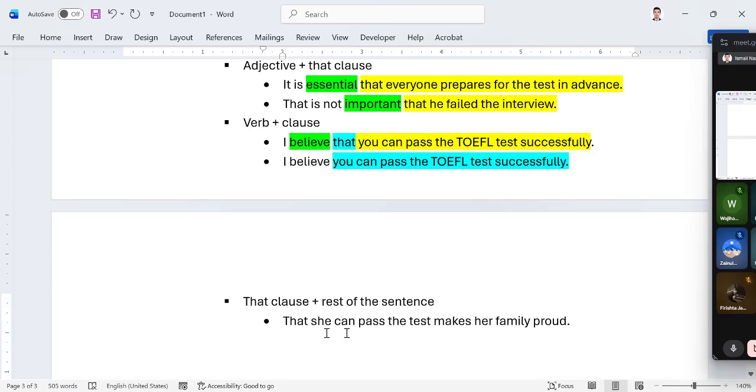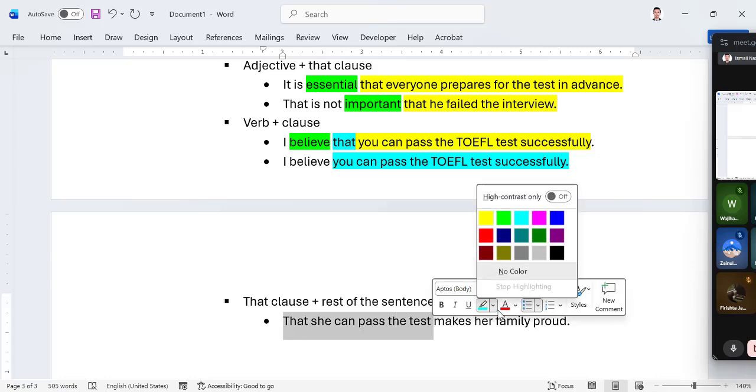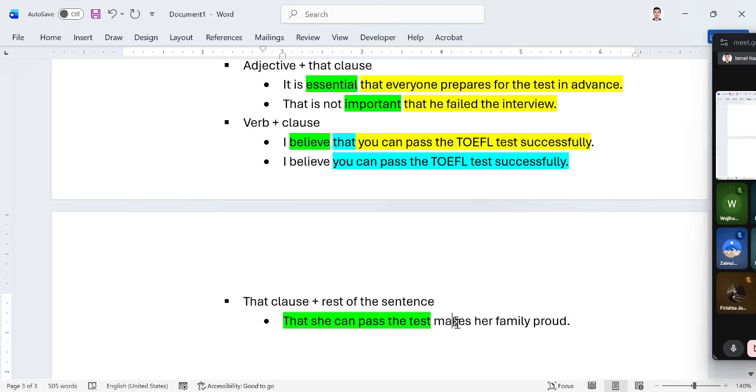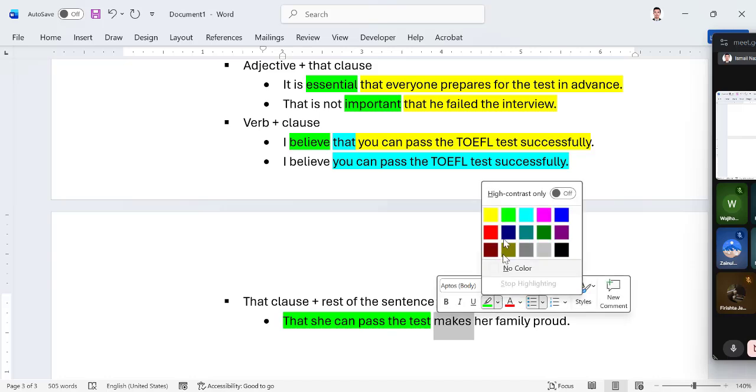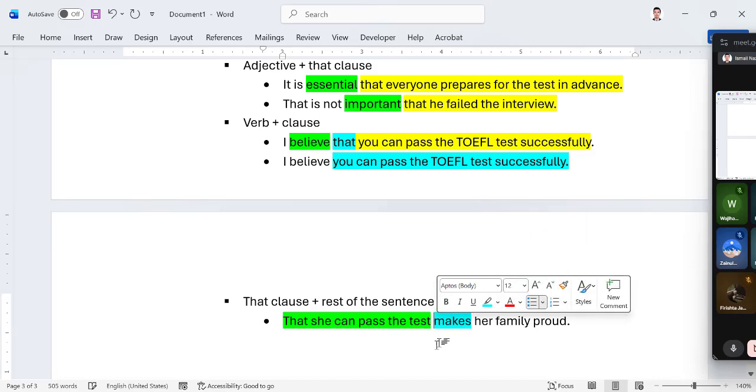So here, what makes her family proud? That she can pass the test. It is the subject of the verb makes. What makes her family proud? That she can pass the exam. This is the verb, and the whole noun clause functions as the subject of the verb makes. So that noun clause is used as the subject of it.